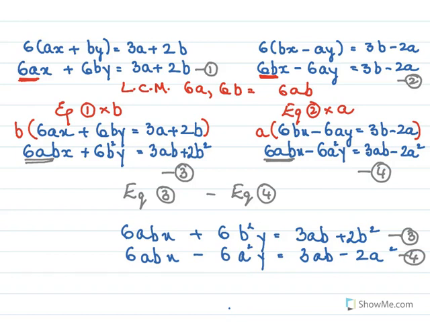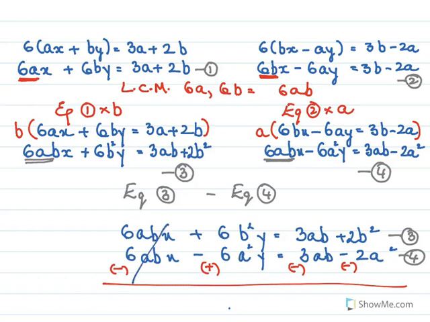And the coefficients are equal, so they are ready for subtraction. So plus becomes minus, minus becomes plus, plus becomes minus, minus becomes plus. Here the x terms will cancel because the coefficients are equal. Now when it comes to the y terms, this is the y term and here is the y term. So I take the y term common out.